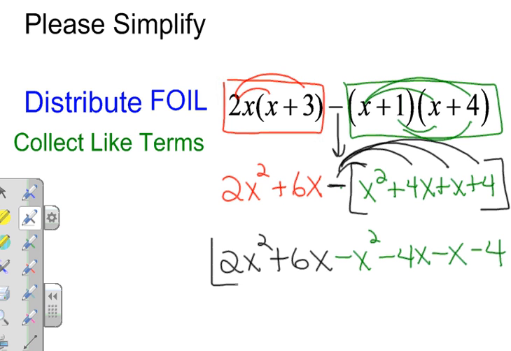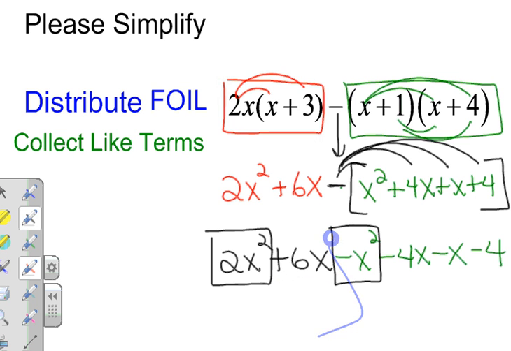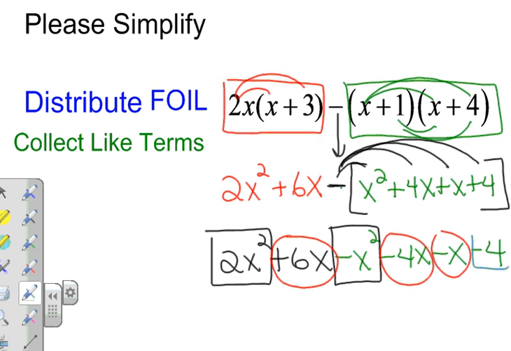So I have to identify my like terms. 2x squared is not like 6x because of the exponent being different. However, it is like -x squared. And we see that 6x is a like term with -4x, which is a like term with -1x. And then we see on the end that this constant term is not going to be able to be grouped with anything else.